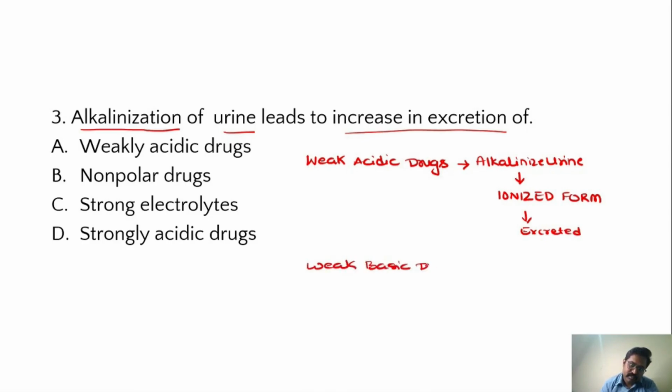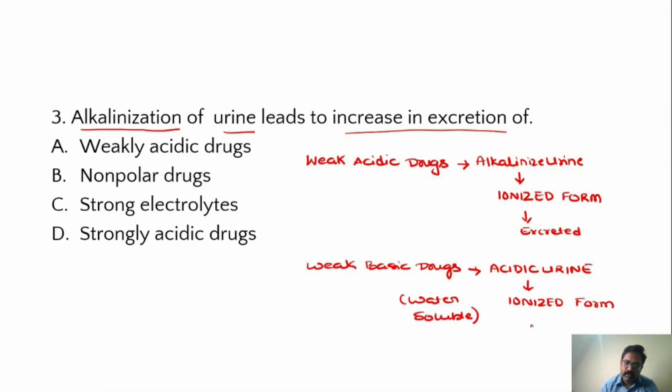Whereas if it was weak basic drugs, if you want to eliminate the weak basic drugs, you need to acidify the urine. The weak basic drugs in acidic urine will be converted into ionized form. What do you understand by ionized form? It is the water soluble form.